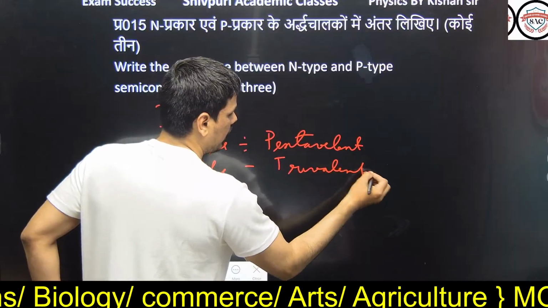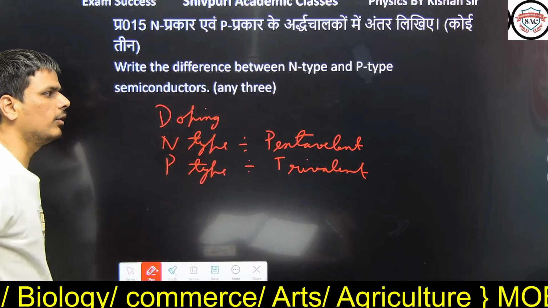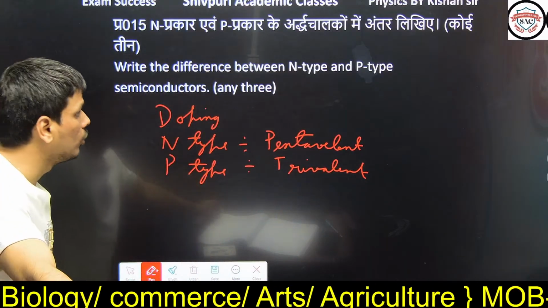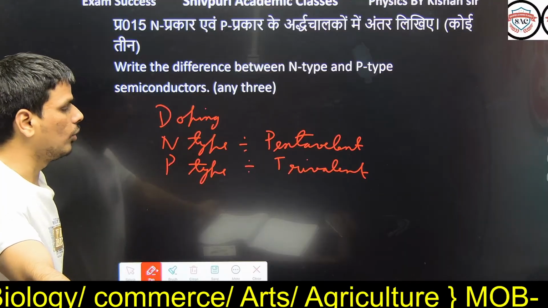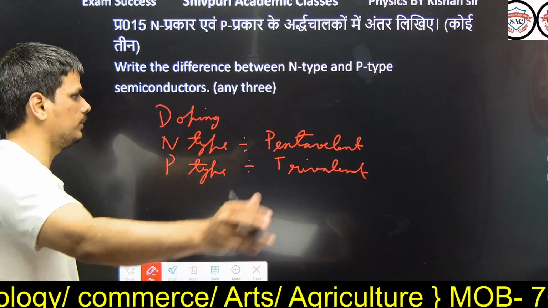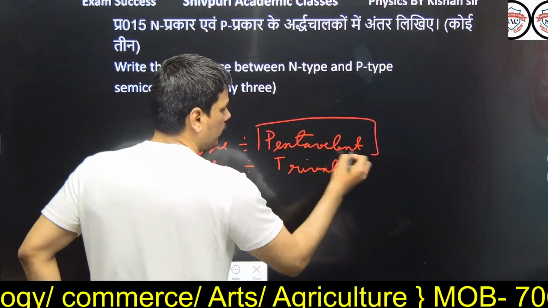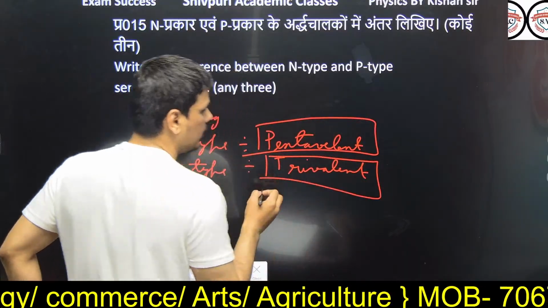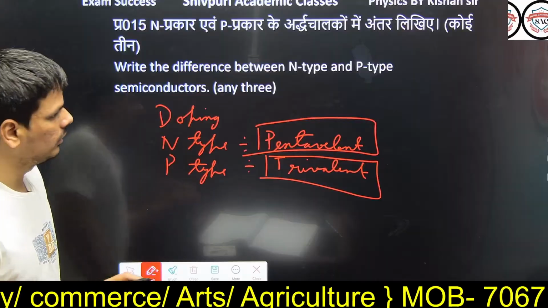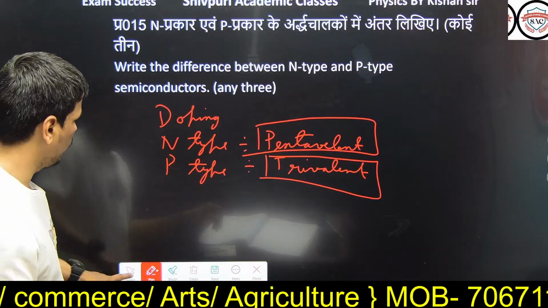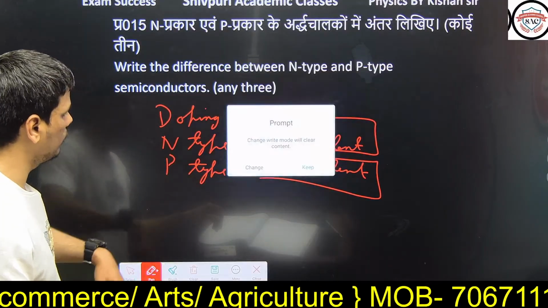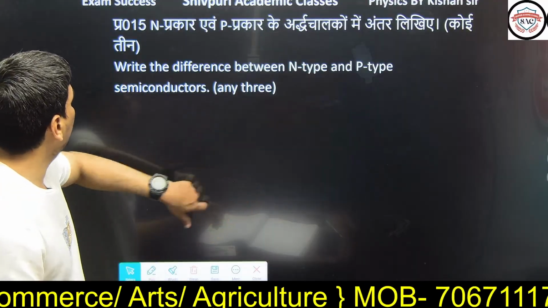We just corrected it. For N-type, we add pentavalent particles, and for P-type, trivalent particles. You could also see the answer related to it in our previous video.